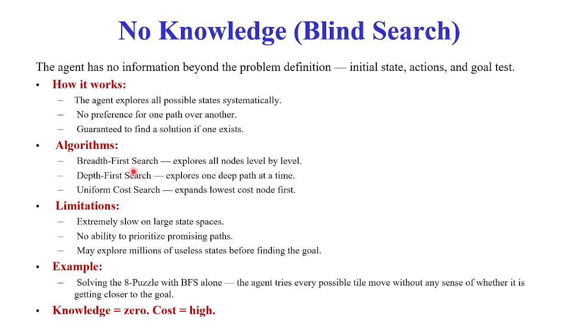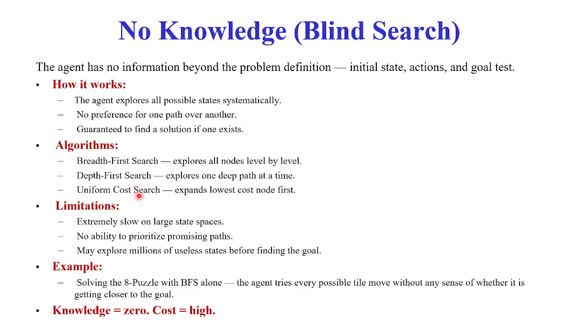Compared to BFS, it uses less memory because you don't have to store all the paths. But it might completely miss the shortest route, because sometimes your solution might be at level 2, and you might be at depth level 10, which is of no use.